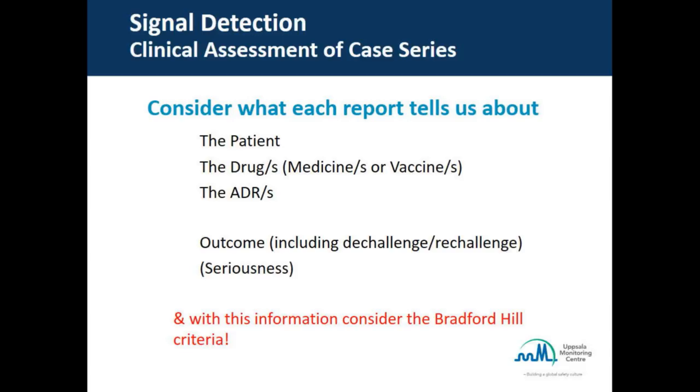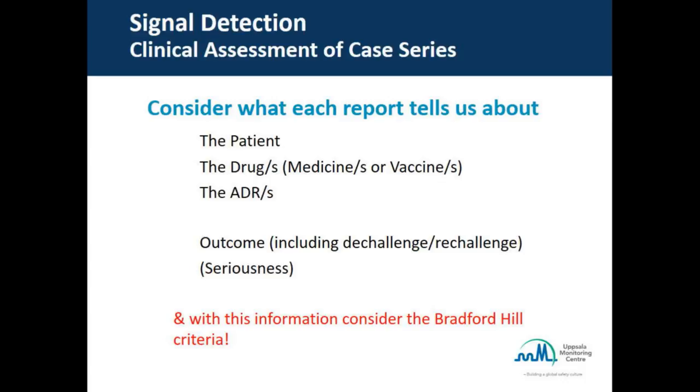So what guidelines do we have? Well, first of all, we consider what each report tells us about the patient, just as we did for single case reports. What does it tell us about the patient, their age, their gender, their background disorders? What does it tell us about the drug and the concomitant drugs and the other suspect drugs?